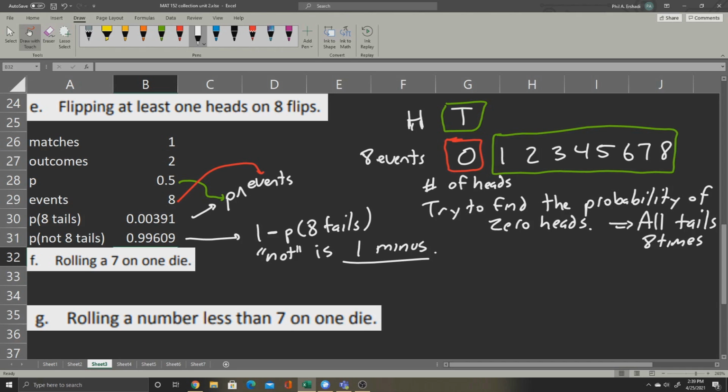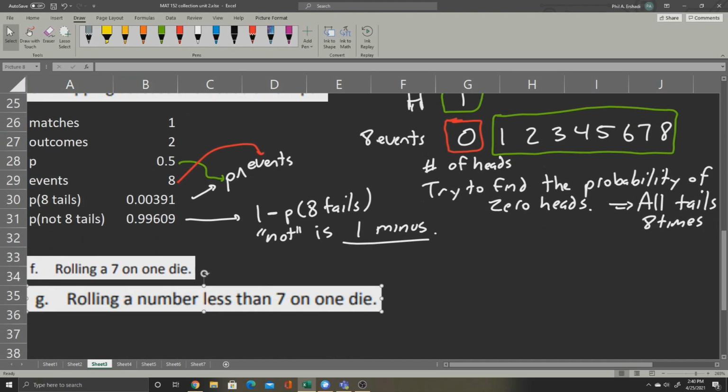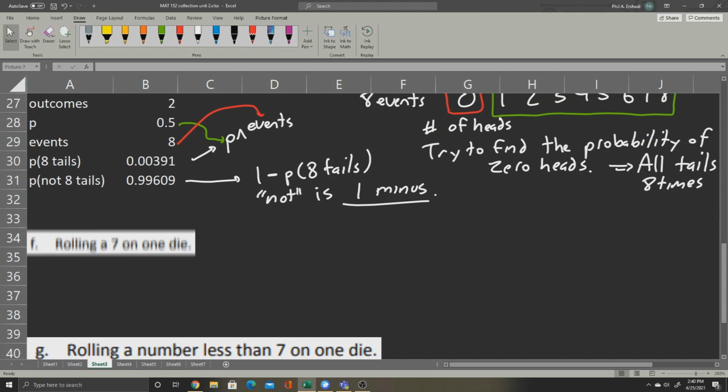We'll make a little more room for the other problems. Part F asks us the probability of rolling a 7 on one die. Let's list the possible outcomes first of rolling that die.